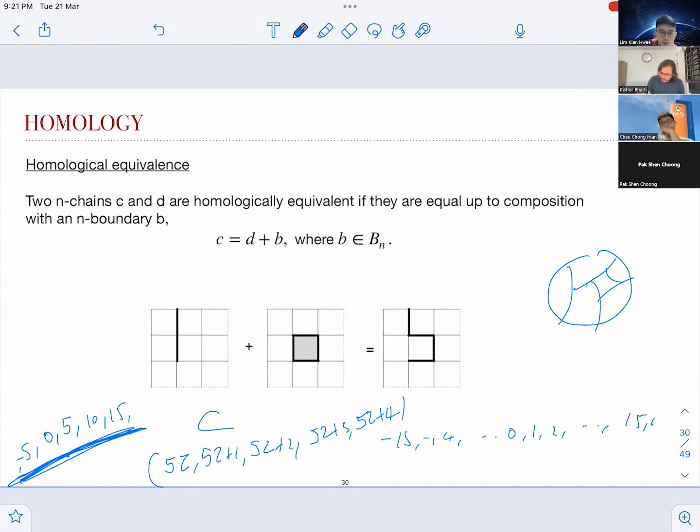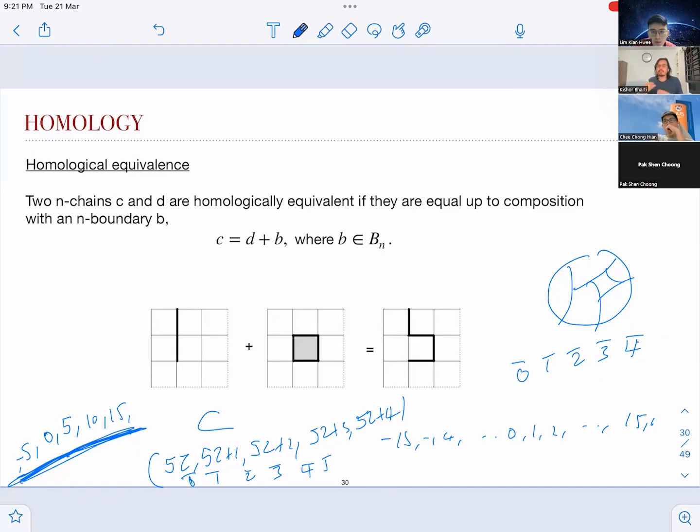So let's call them 0 bar, 1 bar, 2 bar, 3 bar, 4 bar. Suddenly you are studying this group of integers in terms of whether they are divisible by 5 or not. If they have remainder 0, then it's 0 bar. If they have remainder 1, then it's 1 bar, and 2 bar, and 3 bar, and 4 bar.